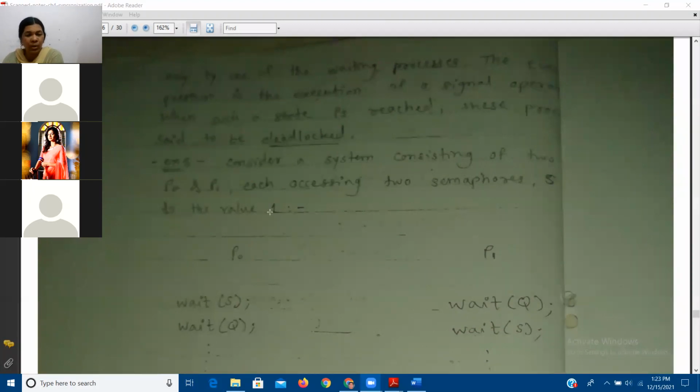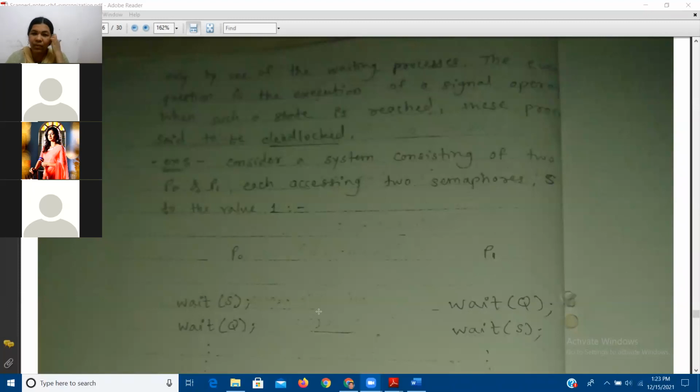You may assume R1, R2, and for R1 the semaphore variable used is S, and for R2 the variable used is Q. So R1, R2 I am saying resources, resource 1, resource 2, and the semaphore variables S and Q. So process P0 is waiting for S and process P1 is waiting for Q. If you consider the first statements of P0 and P1, P0 is waiting for S and P1 is waiting for Q. And again, after some time, P0 is waiting for Q and P1 is waiting for S.